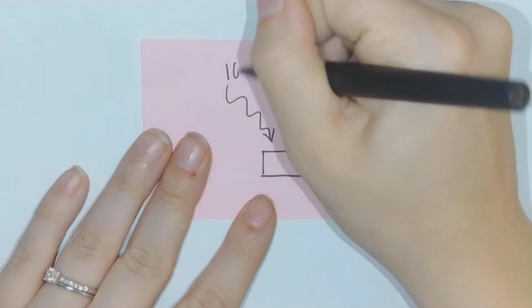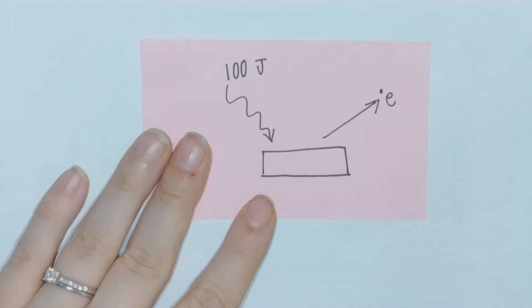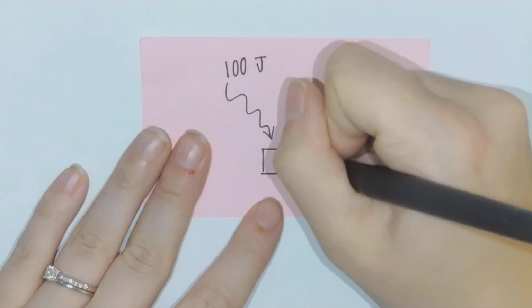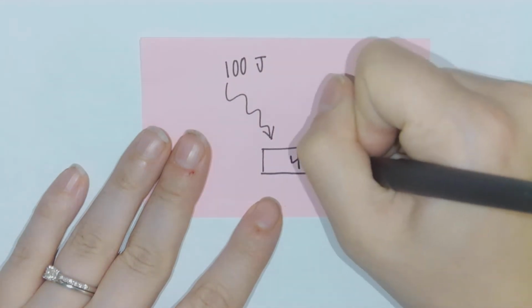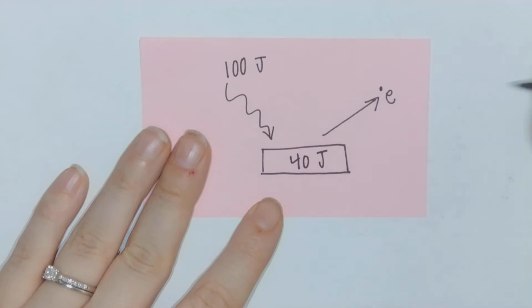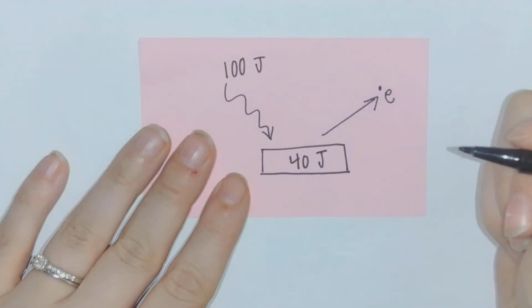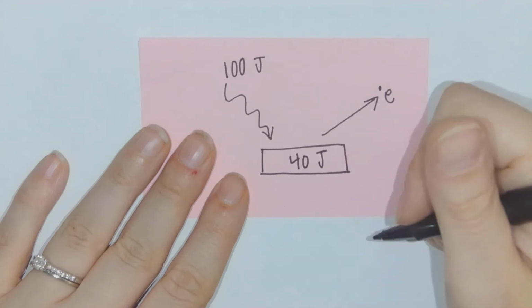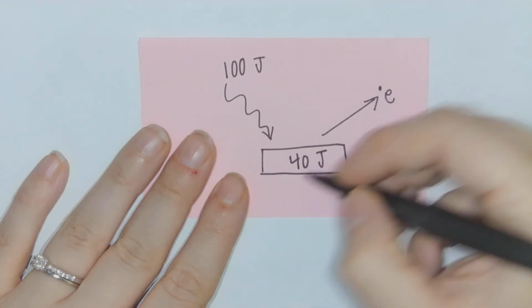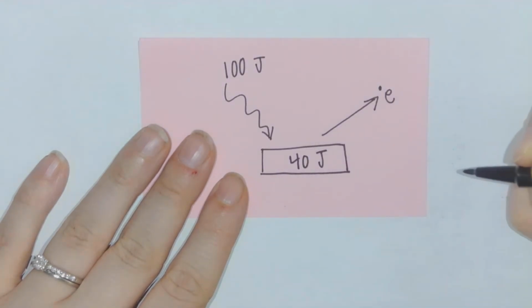Let's say we have 100 joules of energy coming in for the impact, and the impact costs 40 joules because every metal has a different cost. Sodium, potassium, magnesium, calcium, they all have a different cost.